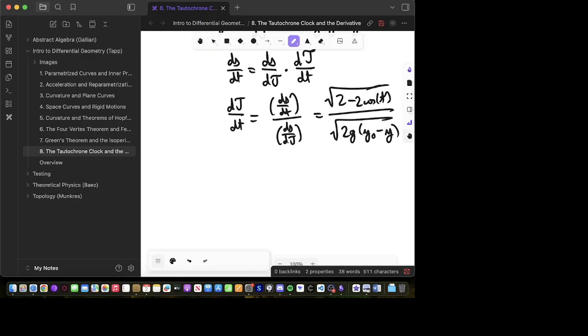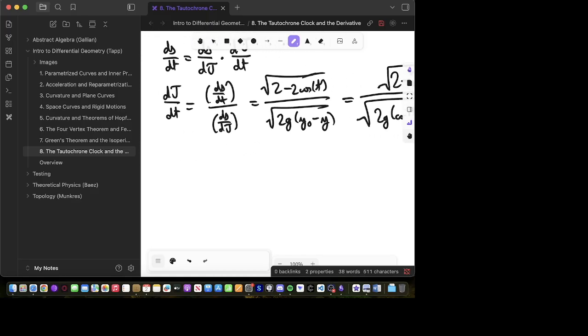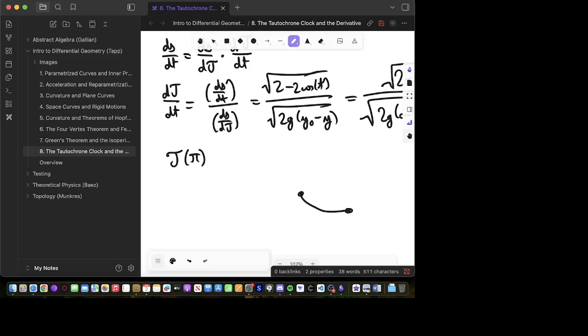So the time that we need to reach the bottom is time of pi, because we're going from t equals t naught to t equals pi. Let me just clarify, that is the bottom, and that is the top.